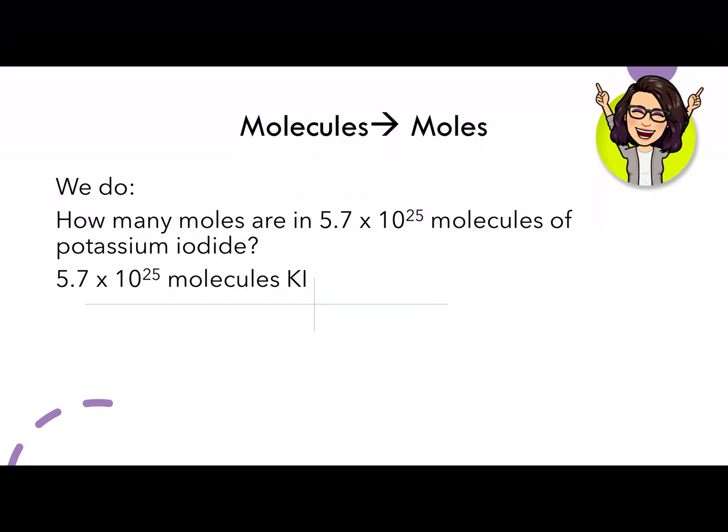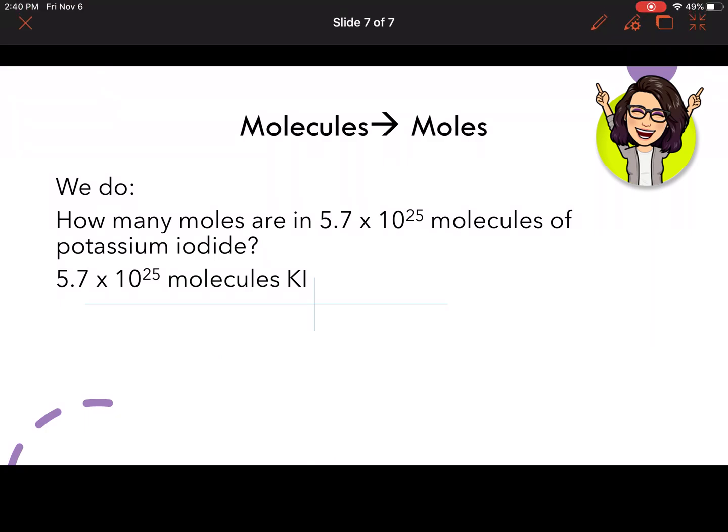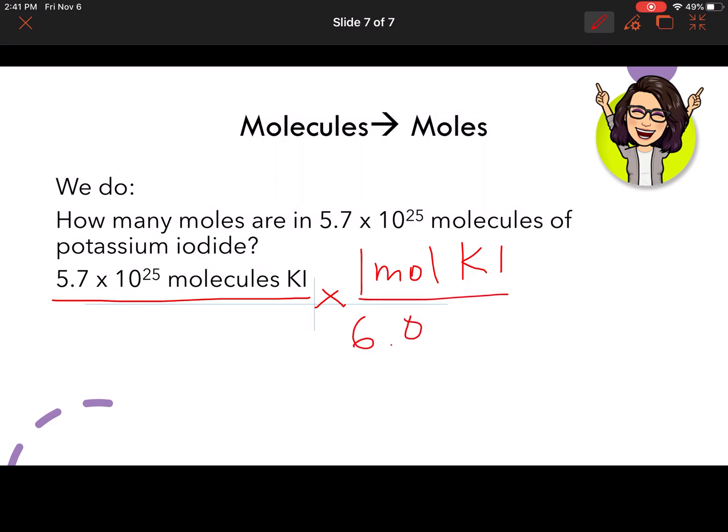All right, here we go. 5.7 times 10 to the 25th molecules of KI. And we know 1 mole of potassium iodide contains 6.02 times 10 to the 23rd molecules. And again, I'm just going to write molec here.